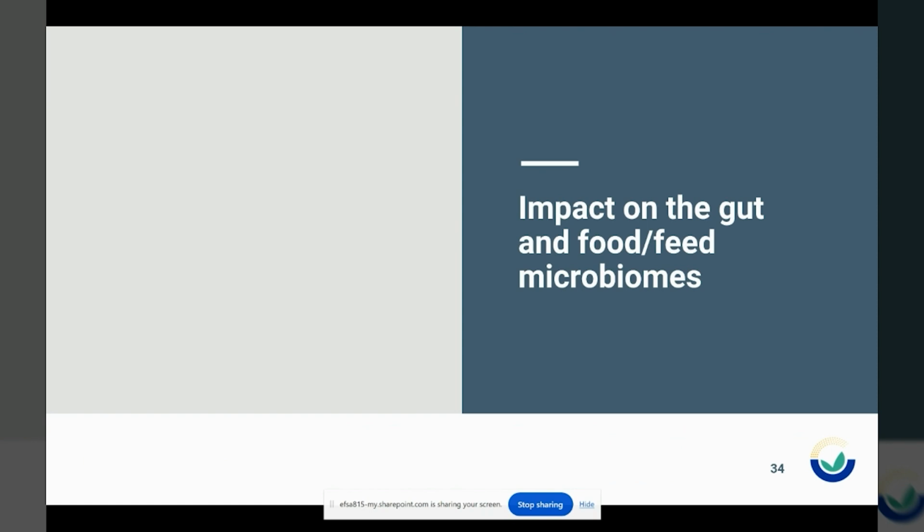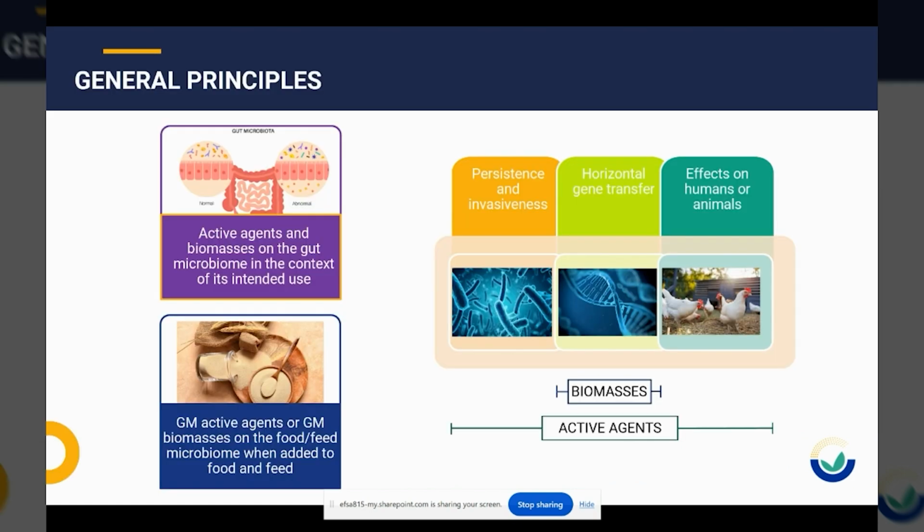Now, there's a section on the impact on the gut and also food and feed microbiomes, which affects active agents and biomasses for the assessment of their impact on the gut microbiome in the context of their intended use, but also applies to GM active agents and GM biomasses when they are added to food and feed, for the possible effects on the microbiome already residing in that food or feed.